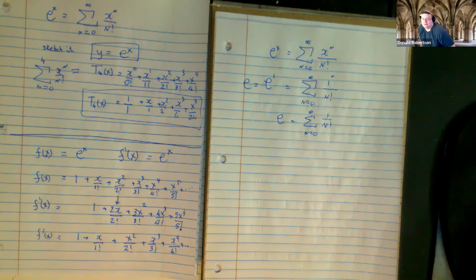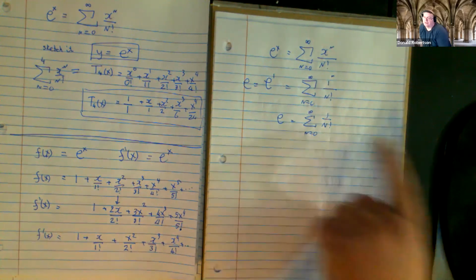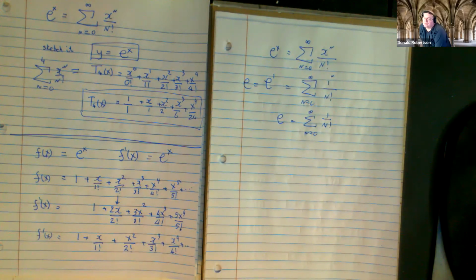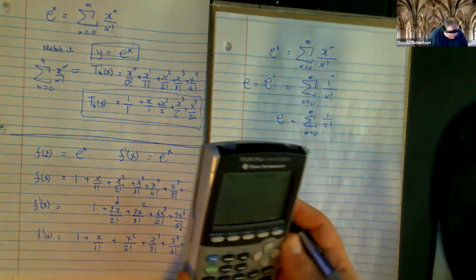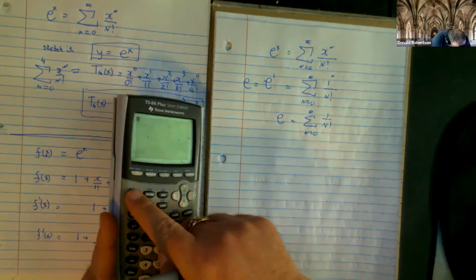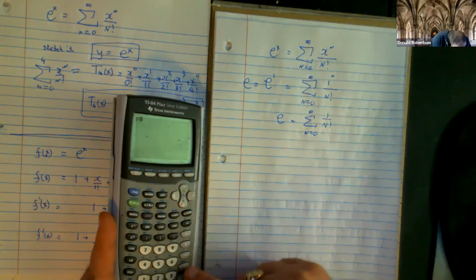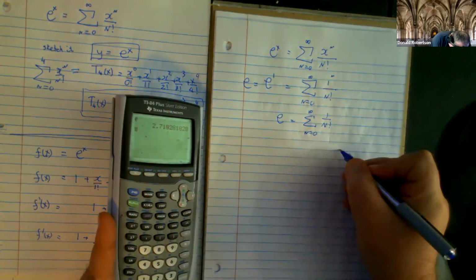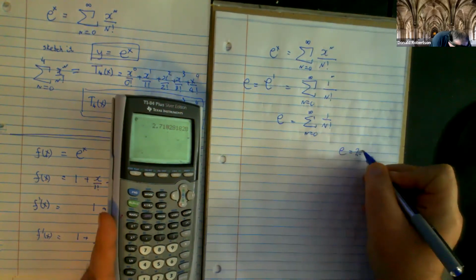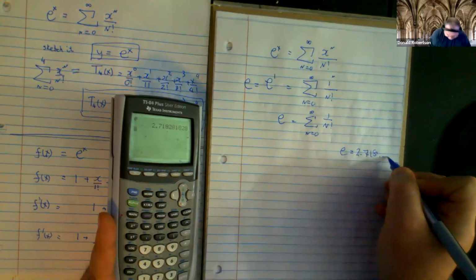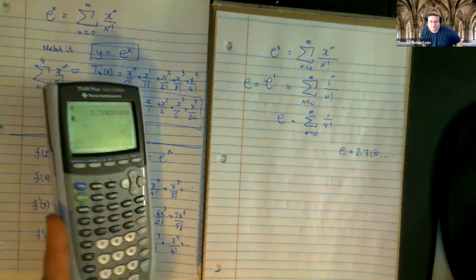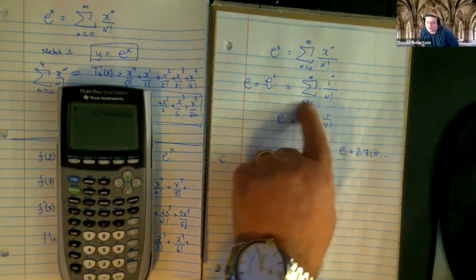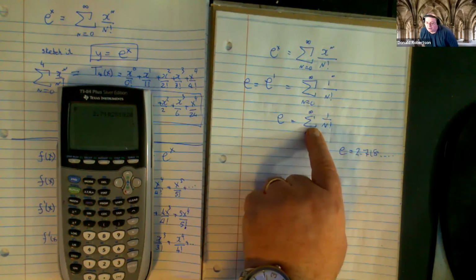Isn't e whatever that series adds up to? Now, on our calculator, e is round about 2.718 in lots of digits. And I'm saying that this series adds up to e.